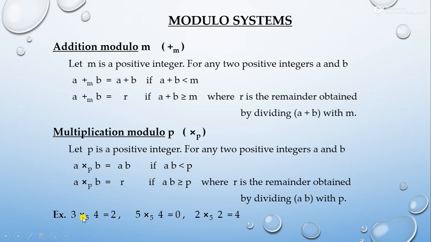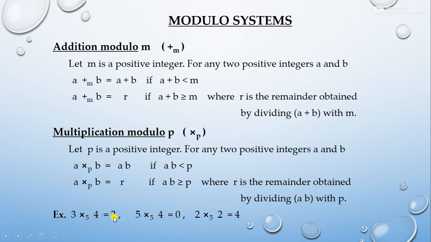Suppose as an example we have 3 multiplied by 4, and this is multiplication modulo 5. So in multiplication modulo 5, what is the value of 3 multiplied by 4? Actually 3 times 4 is 12, right? But 12 is greater than or equal to p, and p is 5.